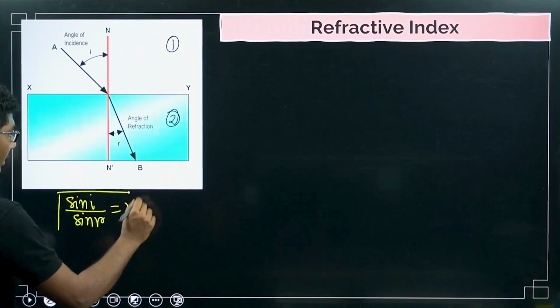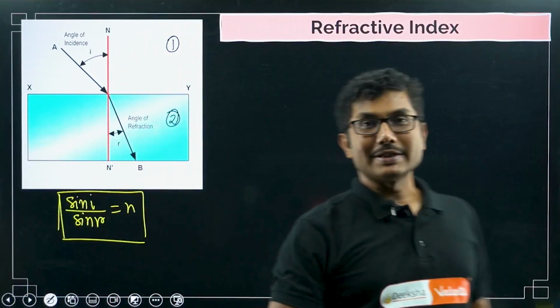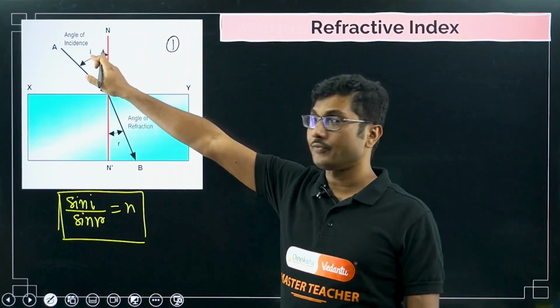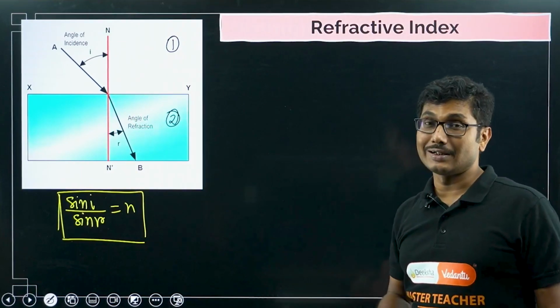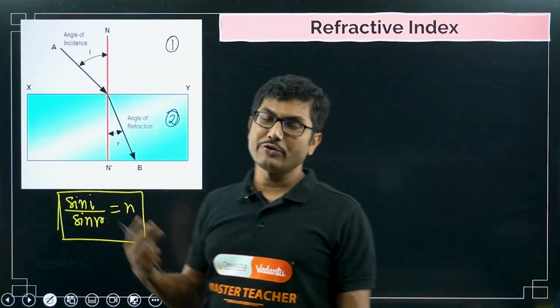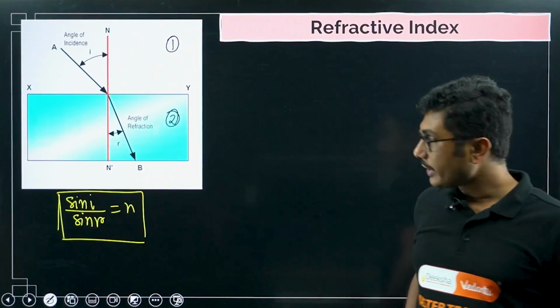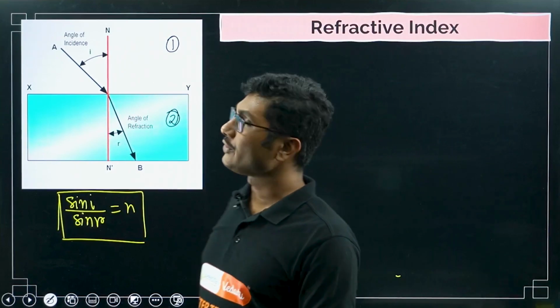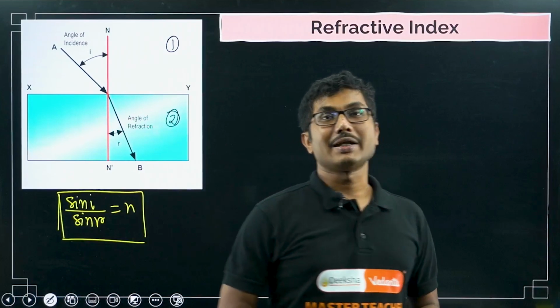That constant we call the refractive index. So refractive index is basically the ratio of the sine of the incident angle to the sine of the refracted angle, and that ratio is constant. That is very, very important.